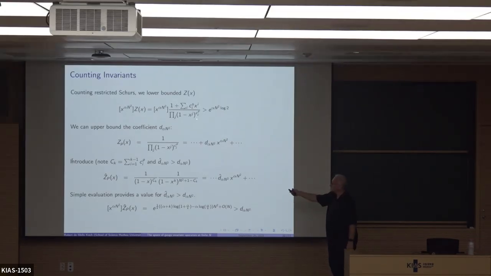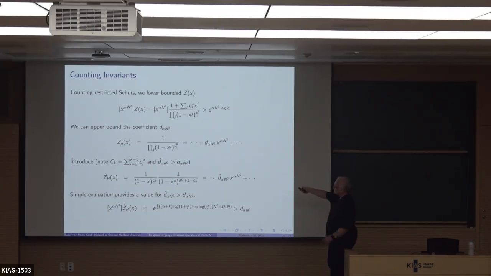I now want to focus on the contribution that comes from the primary invariants and just ask, how much could the primary invariants contribute to the coefficient of x to the alpha n squared? Now, that's a hard calculation to do because we don't know the spectrum of primaries in general. So we're going to invent a second problem that is much easier to do the estimate for. And we know that the answer for the second problem will be an upper bound for the first problem.